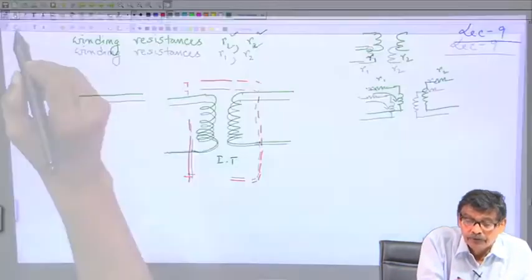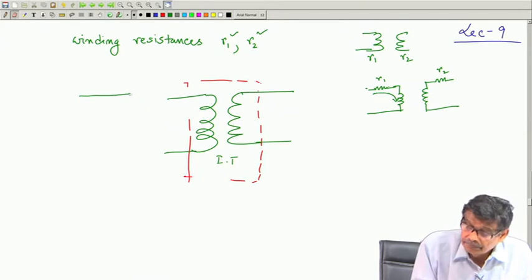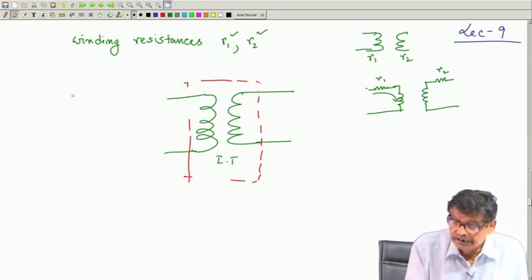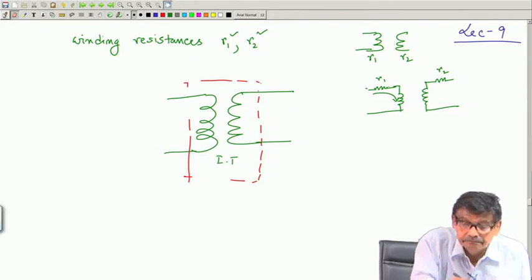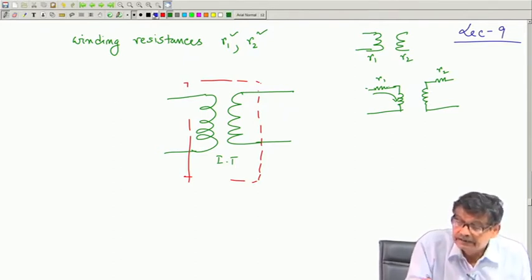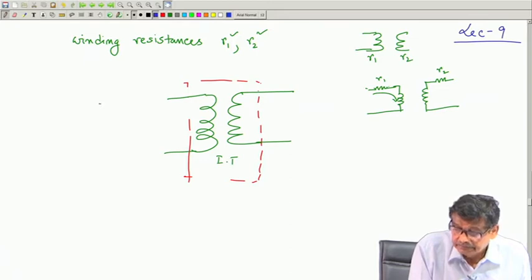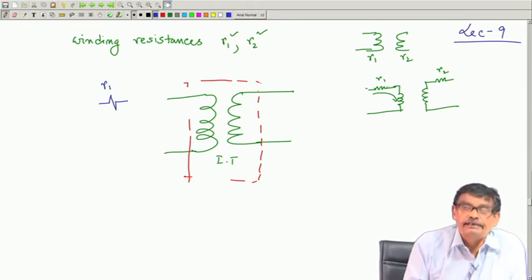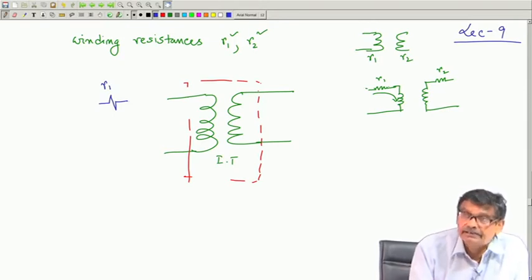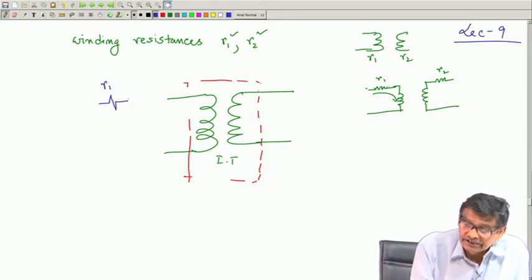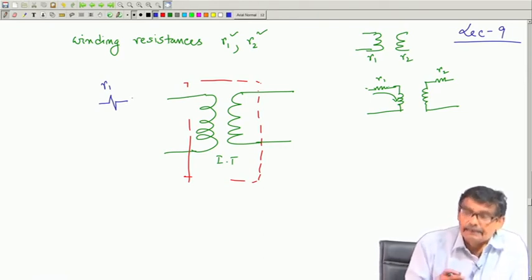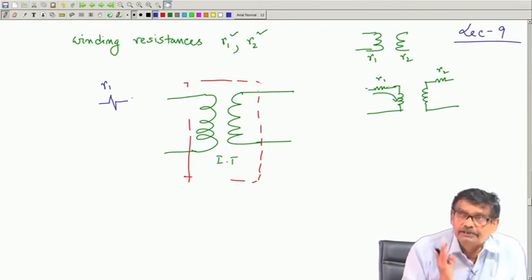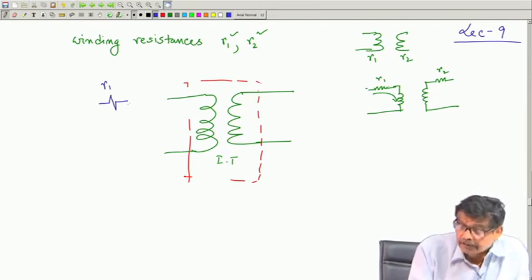So there will be resistances in series. I will connect it here, which is small resistance nonetheless, R 1, it will come in series. Now, the question is, should I put that magnetizing current branch X m before this or after this? I must put it after this.